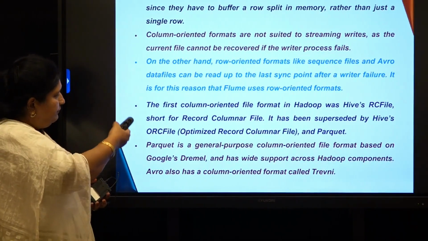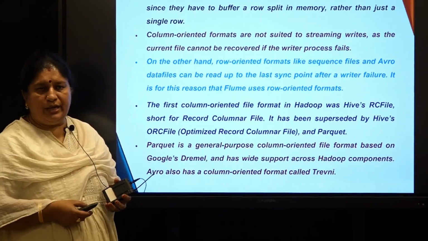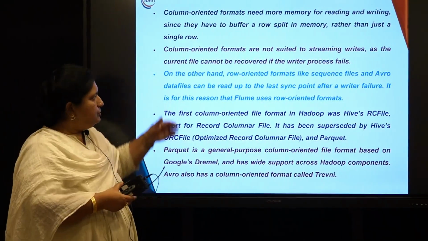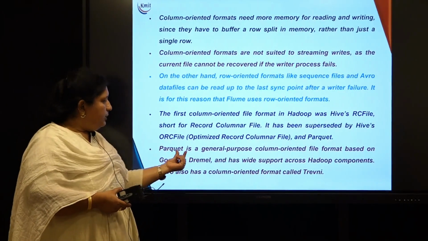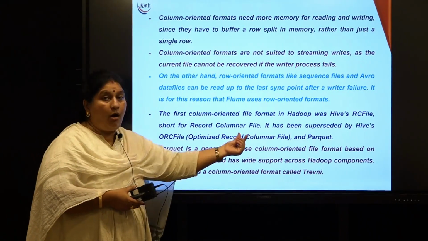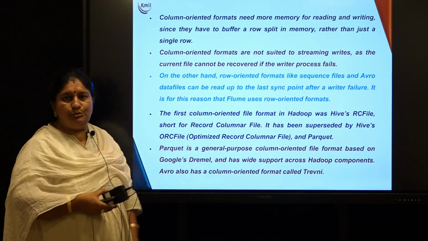For column oriented files, the description is there, along with what type of frameworks support them and who is using what type of files. I have put all the things together. For example, Parquet, which we will see very soon, is a general purpose column oriented file format, and Google's Dremel is also using this.